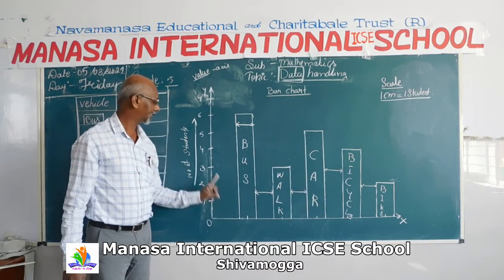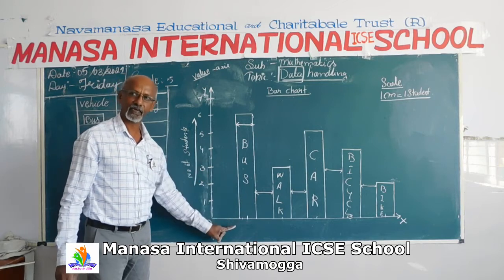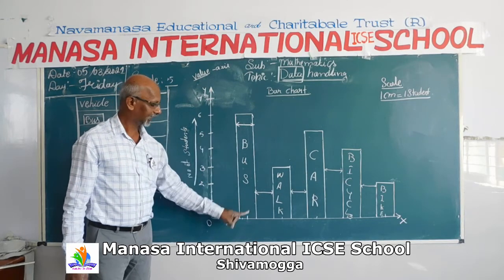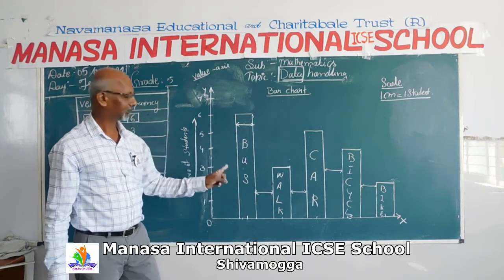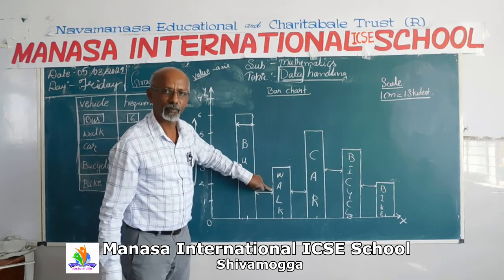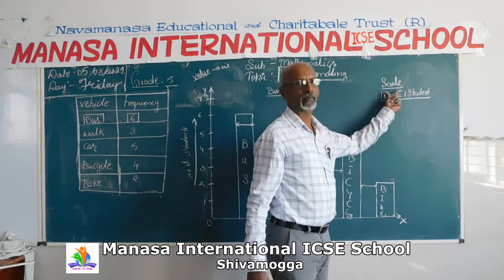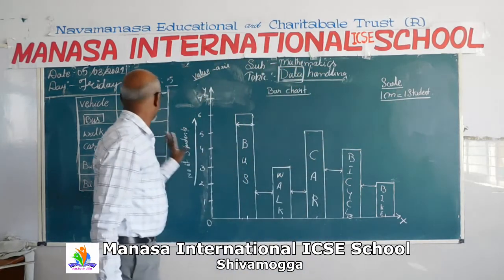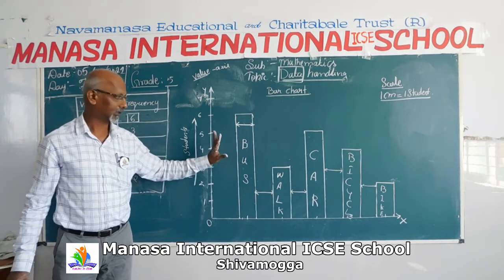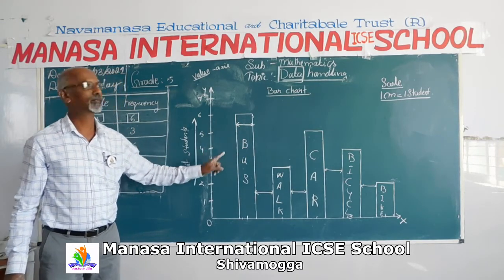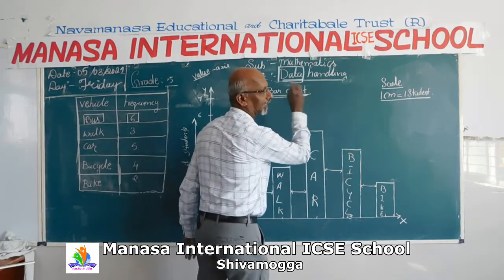This is the horizontal line, vertical line, x-axis, y-axis, category axis or value axis. This is the height of the bar, width of the bar, distance between the bars, then the scale. So by knowing all these things, this data is represented with the help of a picture. This type of picture we call a bar chart.